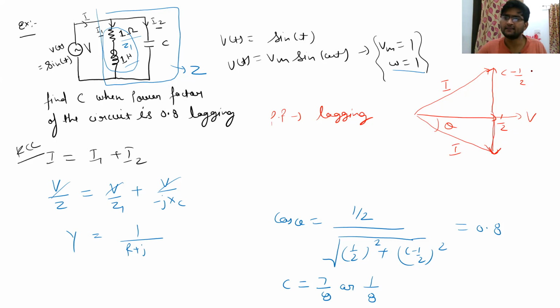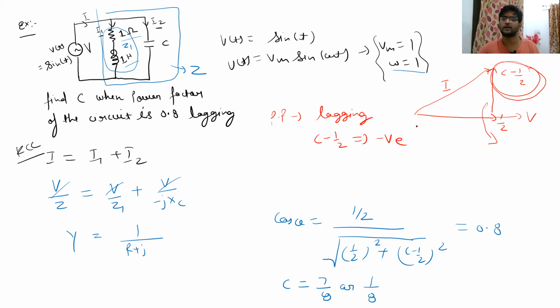So in this particular question, for this particular branch to go downwards, what will have to happen? This value C minus 1 by 2 must be negative, so that the power factor will be lagging and this whole circuit will be working as an RL parallel circuit.